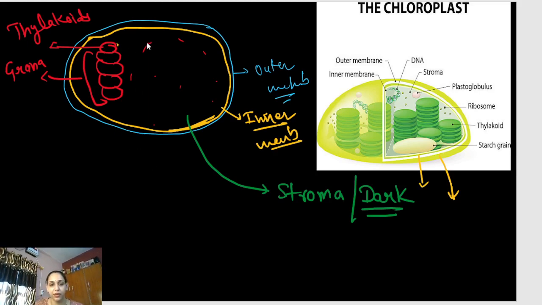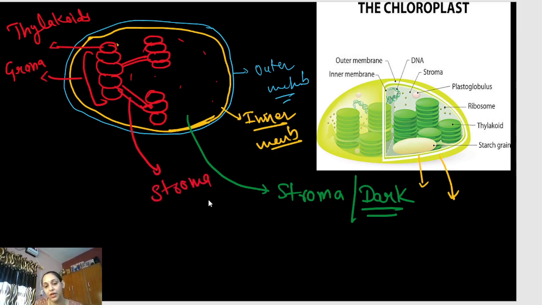These grana are interconnected with each other. The connections between these through the stroma are known as stroma lamella.